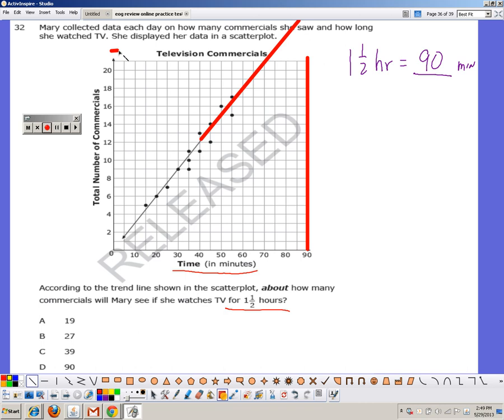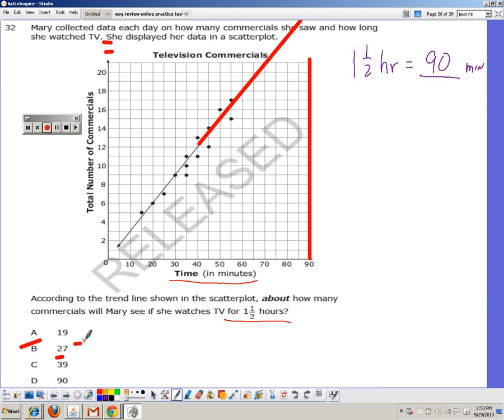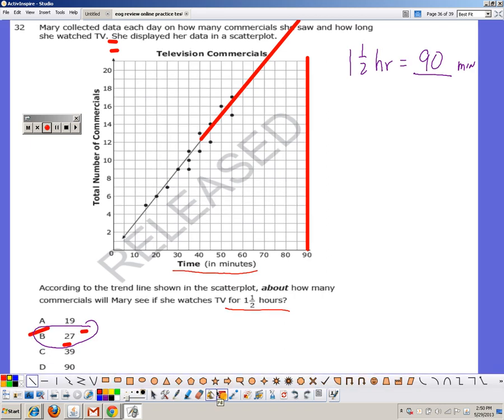So this will be 21, this next one will be 22, and 23, 24, and so on. If you extend it up, the answer you will see is D, 27. Just extend the trend line and your vertical line until they meet.